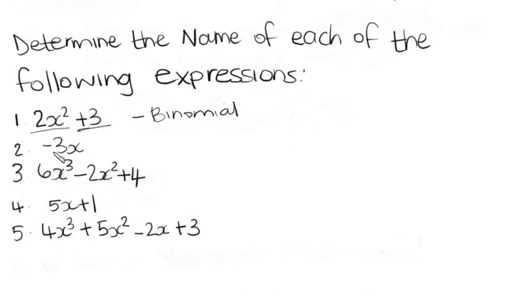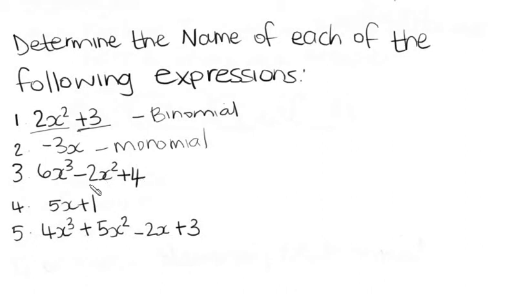Then if we look at number 2, yes, we see a sign, but there is no term in front of that sign. So it does not mean that if we see a sign there should be 2 terms being separated. It just means that your coefficient here has a negative value. So over here we have a monomial, mono for 1 term.